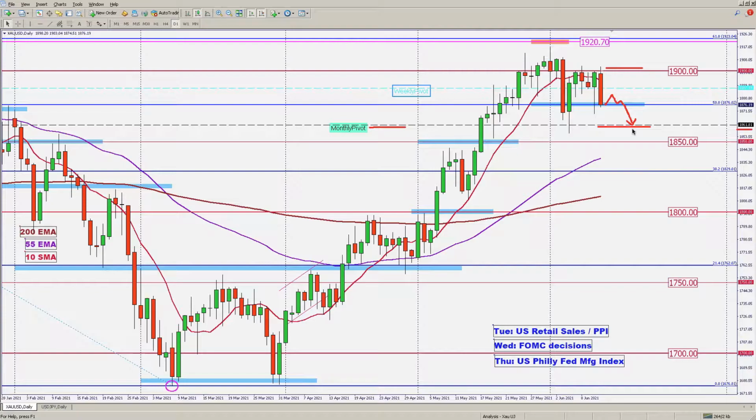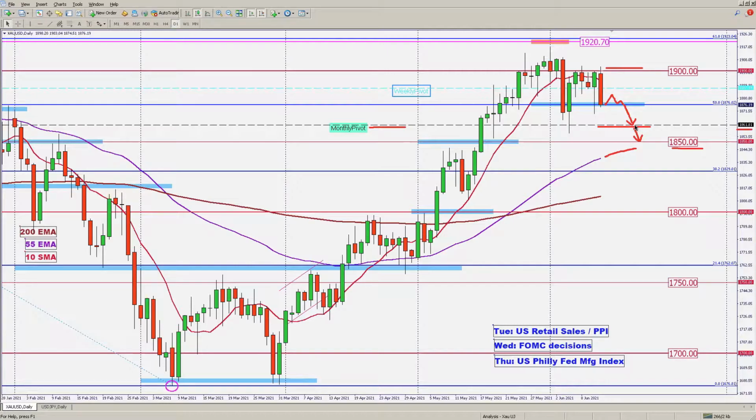If that breaks, bearish move to the monthly pivot first, and if that breaks, then it will try to target the 1850 round figure, and along with daily 55 coming up as well.